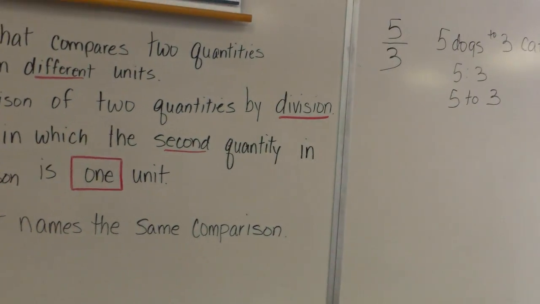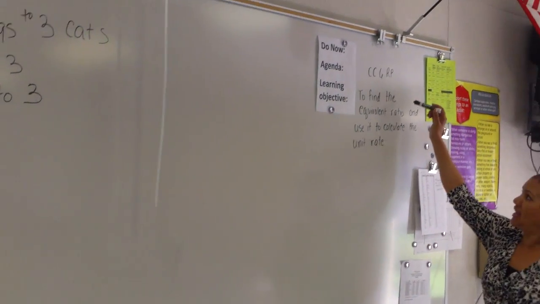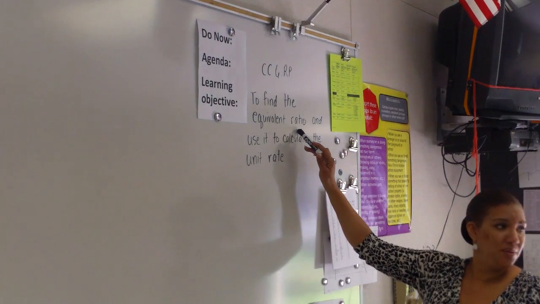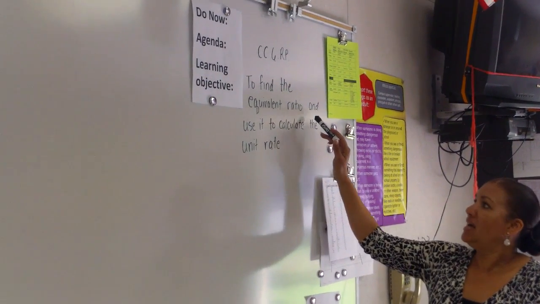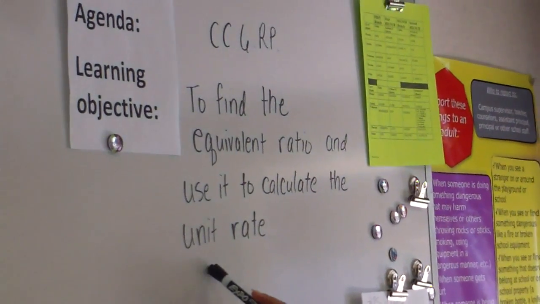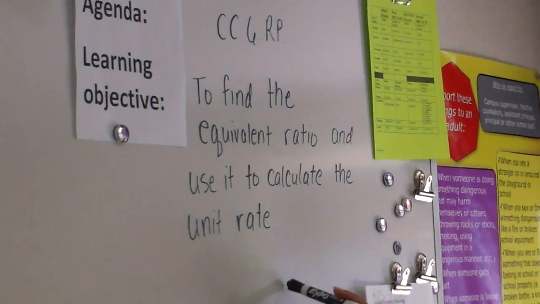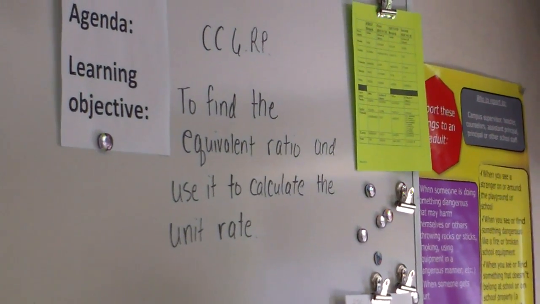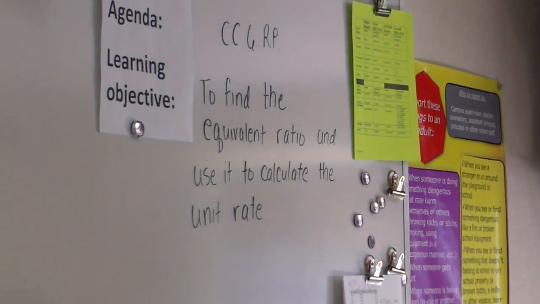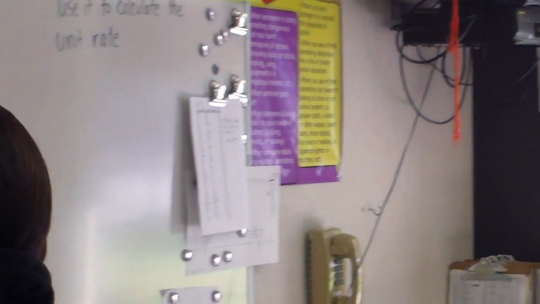So our objective of today is to find the equivalent ratio and use it to calculate the unit rate. That's what we're doing today. So how do I find the equivalent ratio? Let's do that now. Let's take an example.